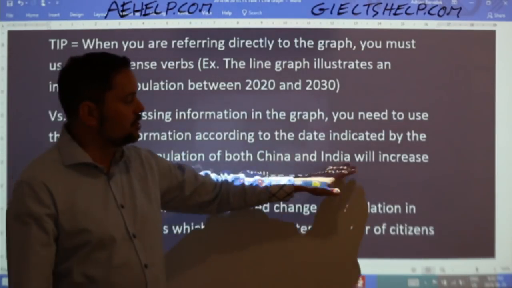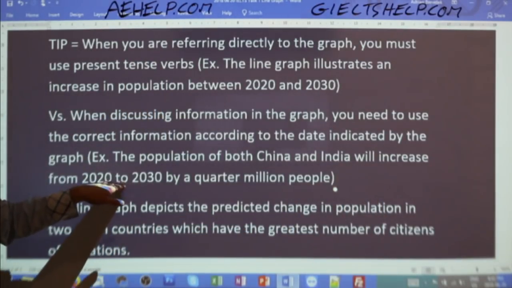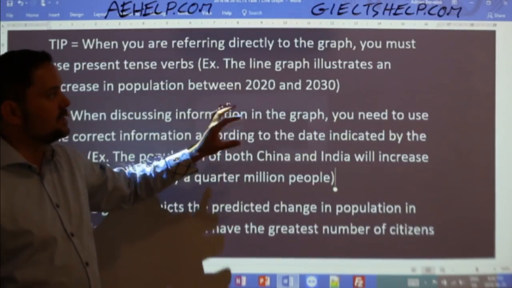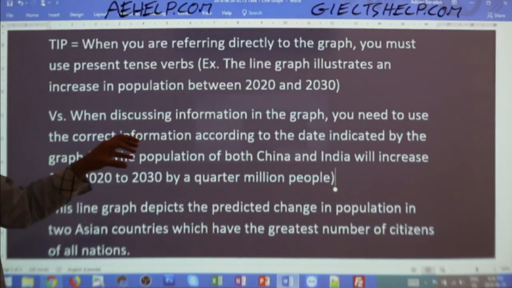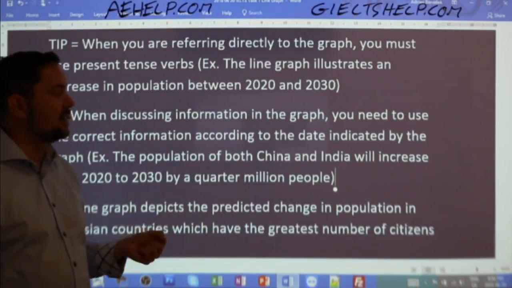So I need to make sure that my tense reflects the appropriate date, which is in the future. Okay, so note that difference. That's very important. I still see students making some mistakes with that, and unfortunately those do drop your mark because your writing becomes incoherent and inaccurate.